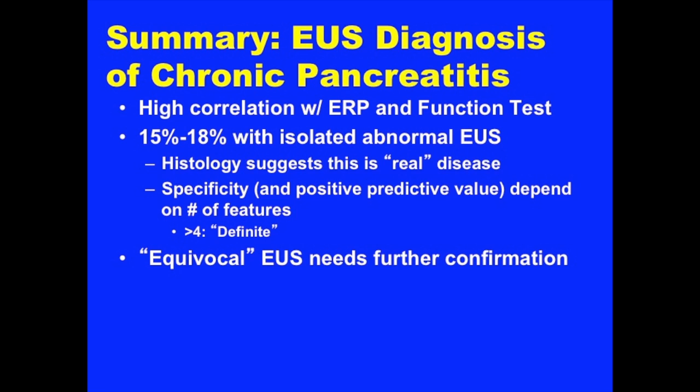The specificity and positive predictive value depend on the number of features, with 5 and more being more definitive, but I would suggest to you that equivocal EUS needs further confirmation. You need to really think about whether you want to label that patient with chronic pancreatitis when the findings are equivocal.